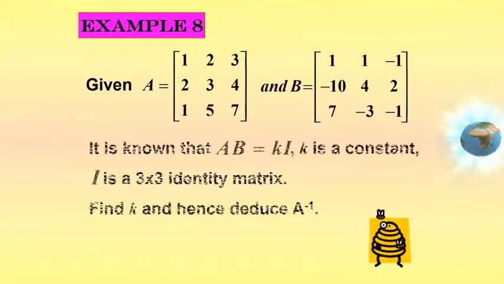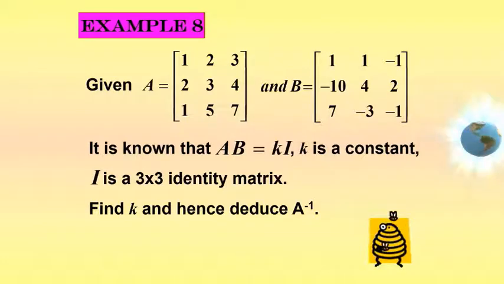Okay, let's see example 8. If we have this kind of question, about the application of the AB equal to KI expression, we should have at least two pieces of information. For example, this one we have A and B matrices.